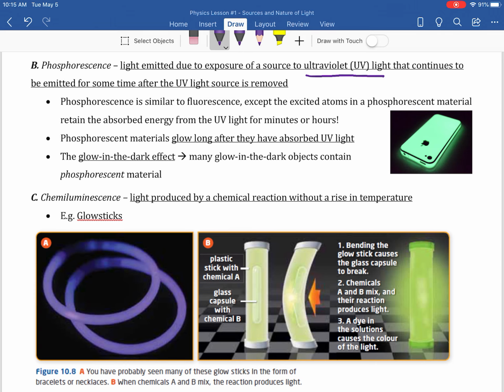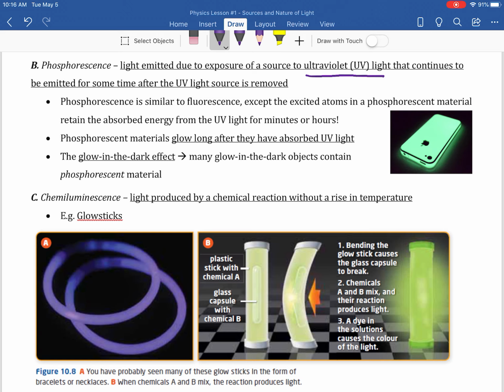So my favorite example, I hope some of you have been lucky enough to get these glow-in-the-dark stickers or glow-in-the-dark solar systems on your ceiling, because what happens is phosphorescent materials, once they're exposed to UV light, it's like they get charged up. And then in the absence of that UV light, that substance gives off its own light.